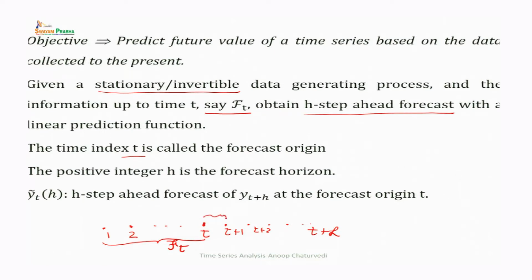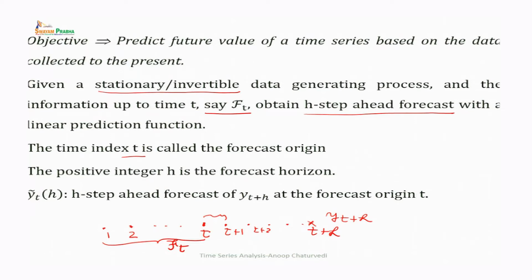If you want to predict the value of y_(t+1), then this is your one step ahead forecast. If you want to predict the value of y_(t+2), then this is your 2 step ahead forecast, and if you want to predict the value of y at this time point, say y_(t+h), then the forecast is called the h step ahead forecast.